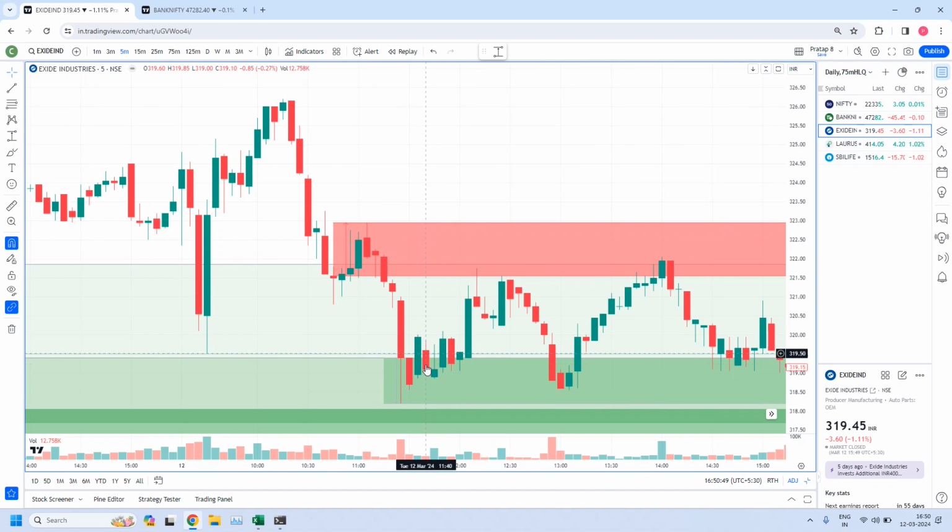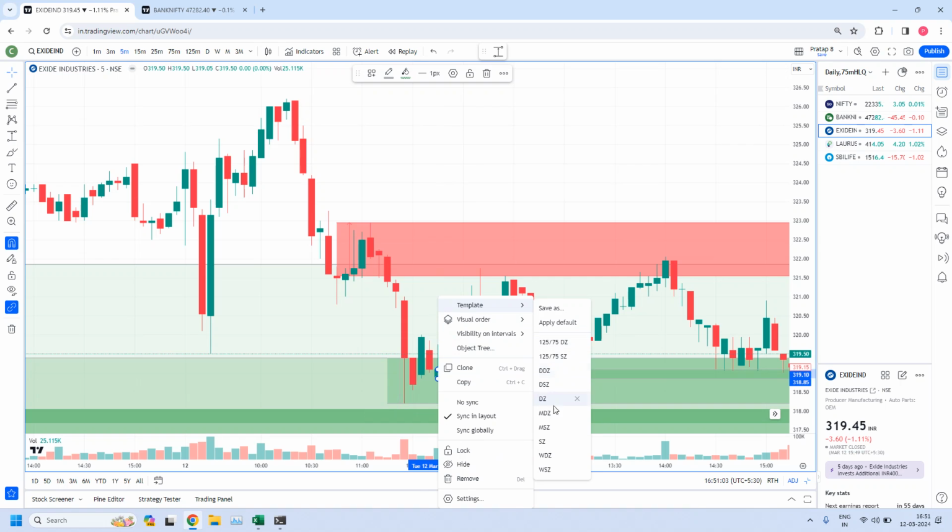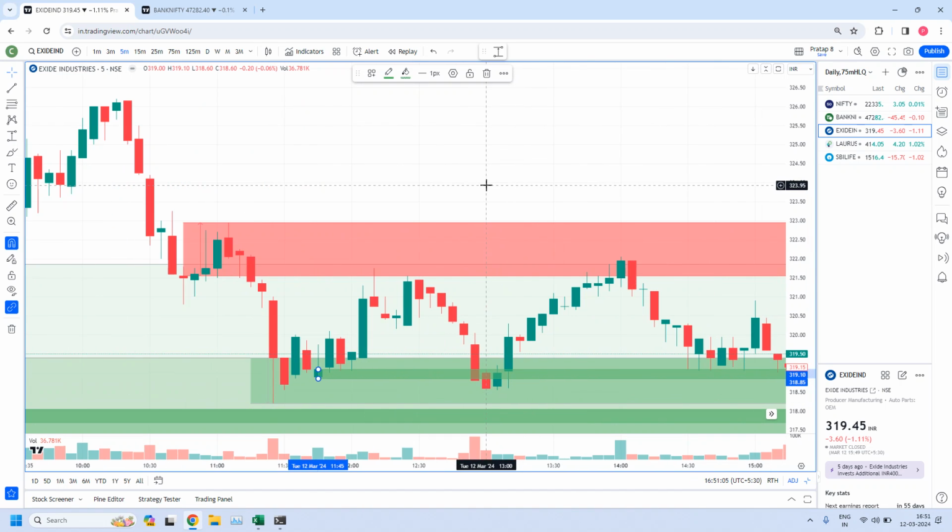You have a drop, base, rally. Let me draw the zone. This is a 5 minutes demand zone.